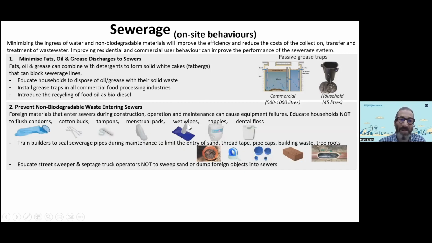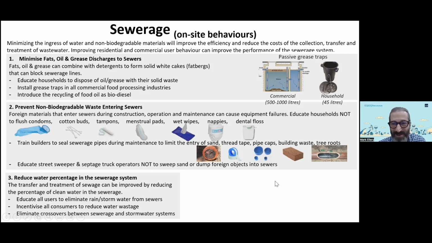There's also a risk from lots of non-biodegradable waste entering sewers. These enter through people flushing, but also often during construction processes, and sometimes through a failure in the integrity of the sewers at the household level, which will end up blocking your sewers.